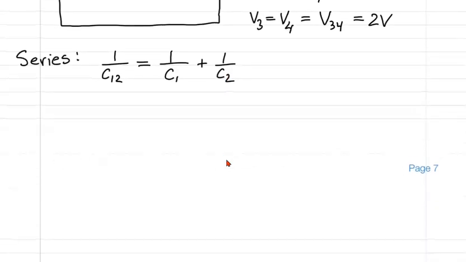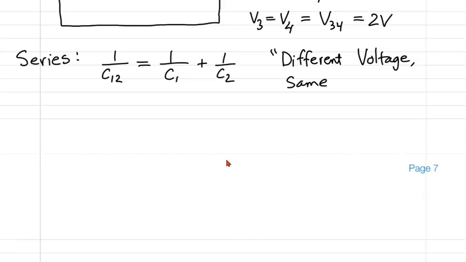Along with this, there's going to be a phrase as well. For capacitors in series, you should remember the phrase different voltage, same charge. Remember, for capacitors in parallel, you had the same voltage because they see the same voltage difference.